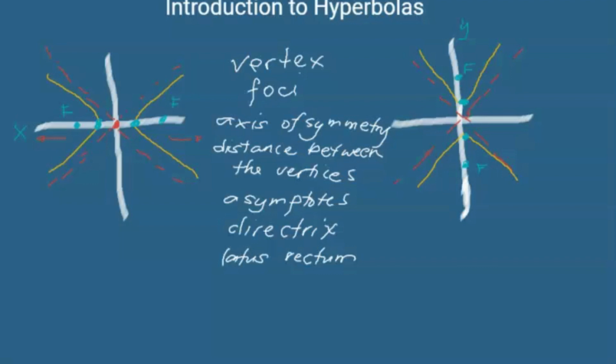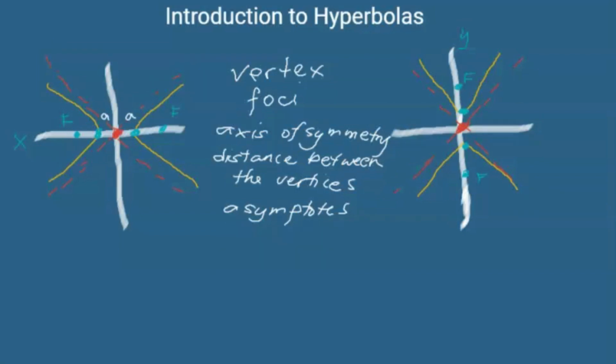The point where the two asymptotes cross is called the center. So this is the intersection of the two asymptotes. This is the center of the hyperbola. For the vertical hyperbola, this is where the two asymptotes intersect, and that is what we call the center of the hyperbola. The letter a denoted on this graph is the distance from the vertex to the center.